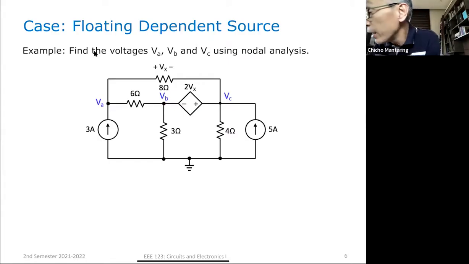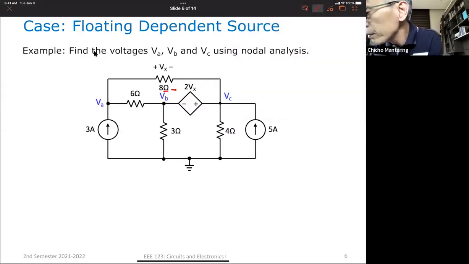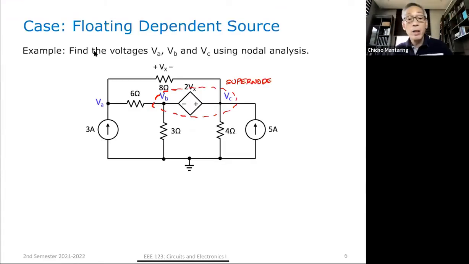So we will make this a supernode. Now we form two KCL equations, one for V sub A and the other for the supernode.